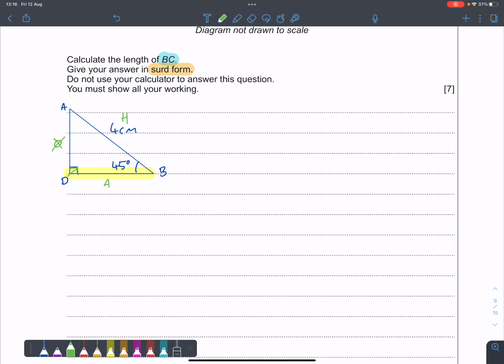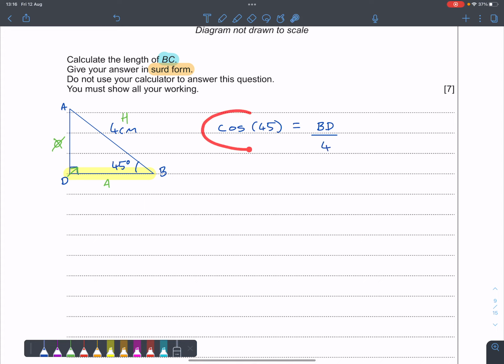The opposite I don't know anything about and I'm not looking for it. So I need to be using cosine. So cos of the angle, which in this case is 45, equals the adjacent, which is the side BD, over the hypotenuse, which is 4.